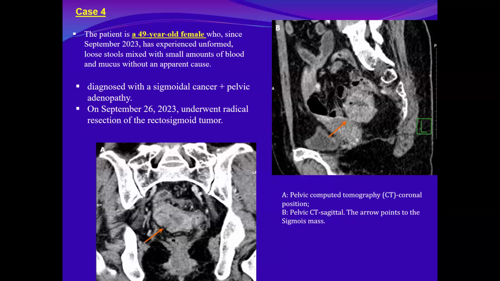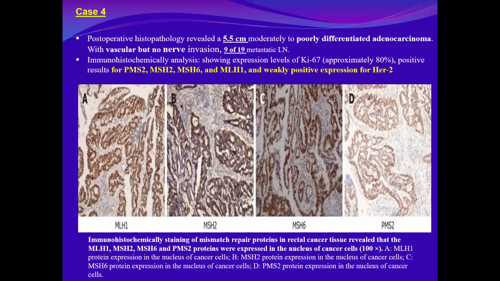She underwent resection of the tumor, proven to be a 5.5 centimeter poorly differentiated adenocarcinoma with vascular but no nerve invasion, 9 out of 19 lymph nodes metastatic. And the immunohistochemistry demonstrated positive results for MSH2, MSH6, and MLH1, almost all the genes for Lynch syndrome.